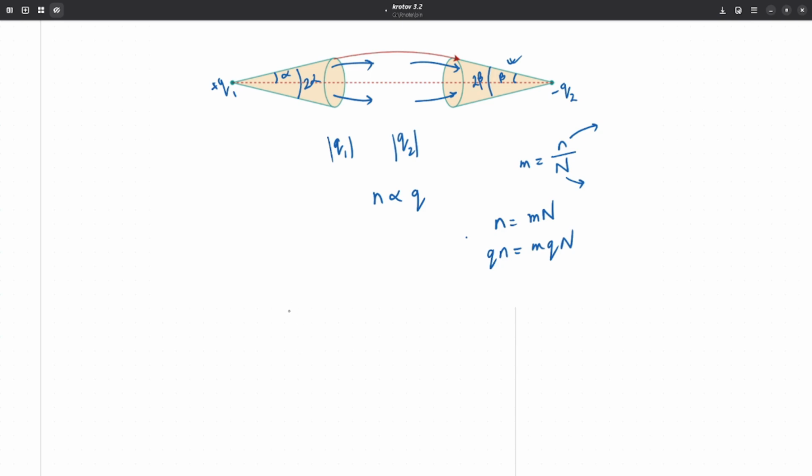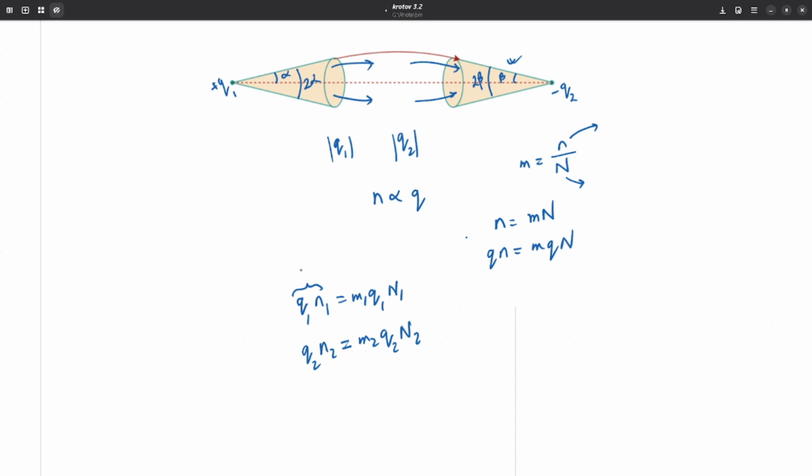Now we can write Q1n1 equal to M1Q1N1 and Q2n2 equal to M2Q2N2.